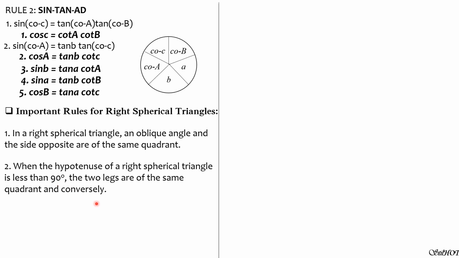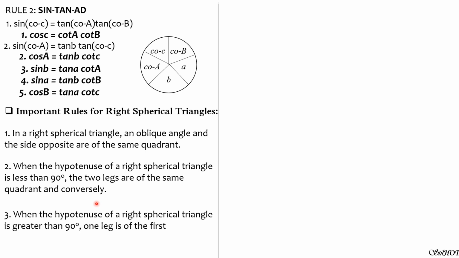That's the idea then. Then third, when the hypotenuse of a right spherical triangle is greater than 90 degrees, one leg is of the first quadrant and the other of the second quadrant, and conversely. From property 2, the two legs are of the same quadrant, meaning they are in the first quadrant only when the hypotenuse is less than 90 degrees.